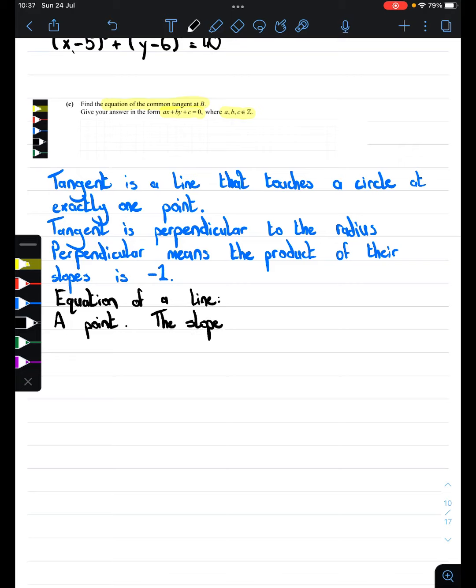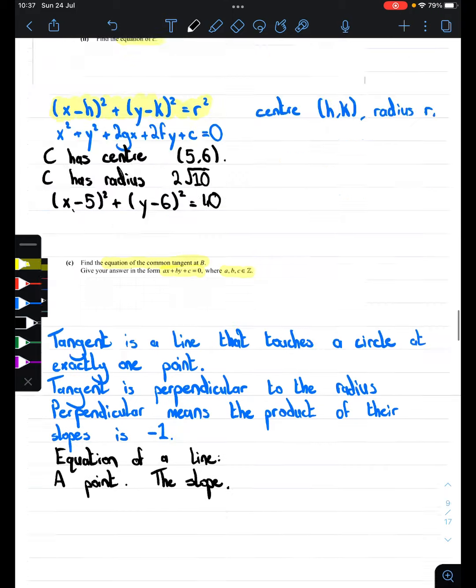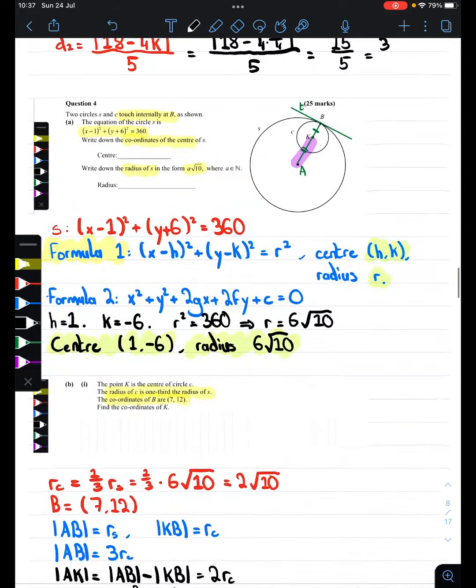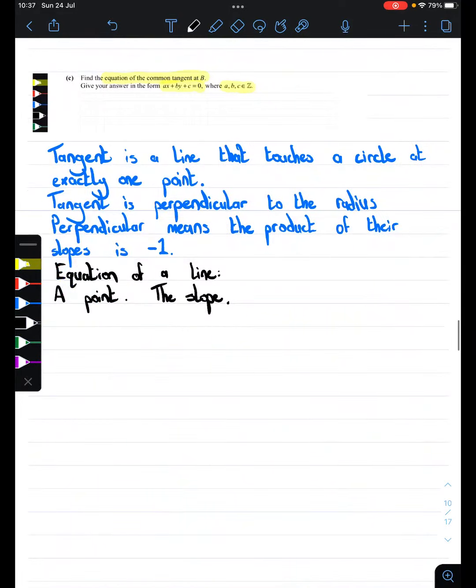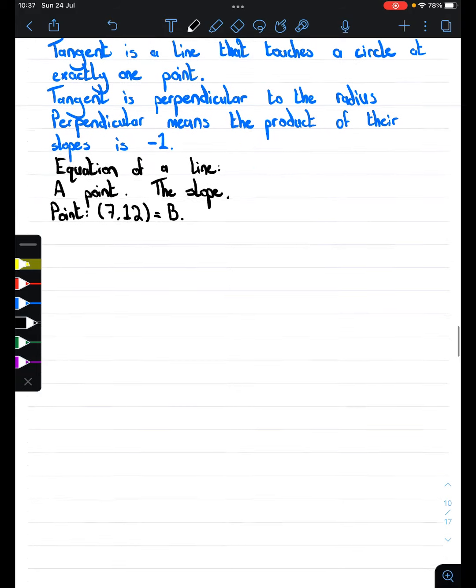All right, well we have a point. We have a point, B. B has to be on the tangent because it's where it hits the circle. So the point is (7, 12), which equals B. All right, so how will we find the slope?